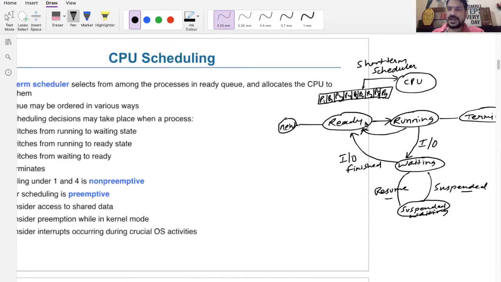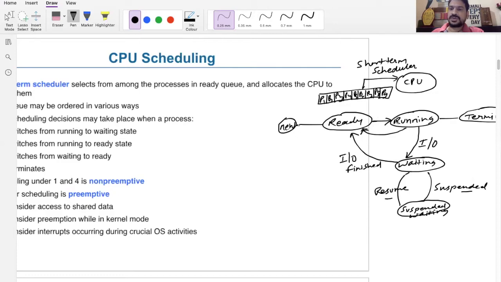Context switching means the process control block related to the process will be changed, the program counter, everything will be changed, and the state will be saved for a particular process, and that whole process is called context switching.